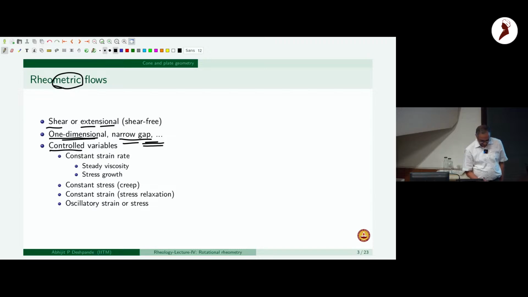And then we generally impose a controlled condition on the material, which could be a constant strain rate, a constant stress or a constant strain, or it could be an oscillatory, time varying input.